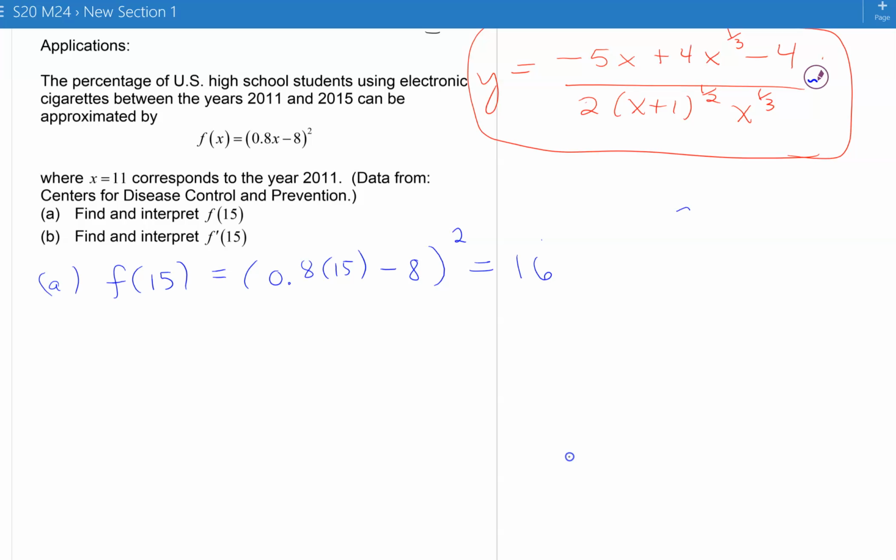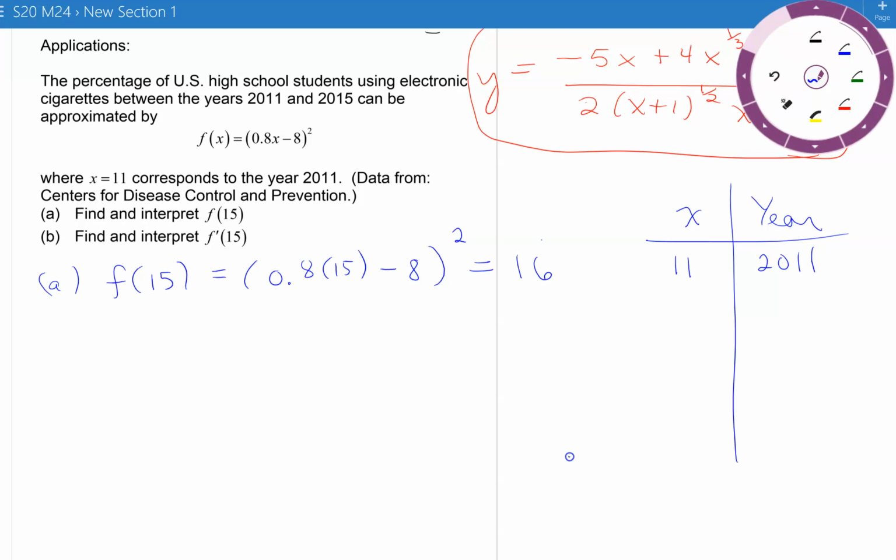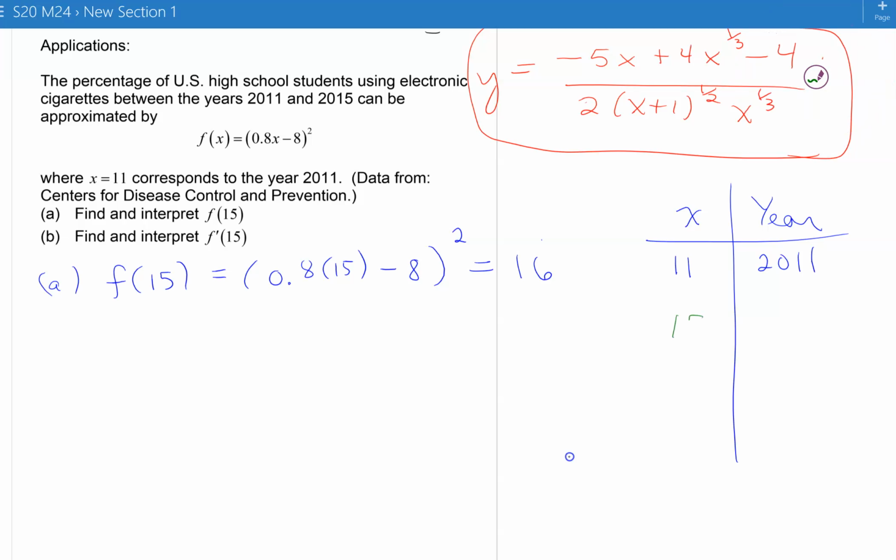And then let's make a little x and year chart, because I find this really helpful. It says x equals 11 corresponds to the year 2011. So they're asking me about year 15. So that's going to be in 2015.